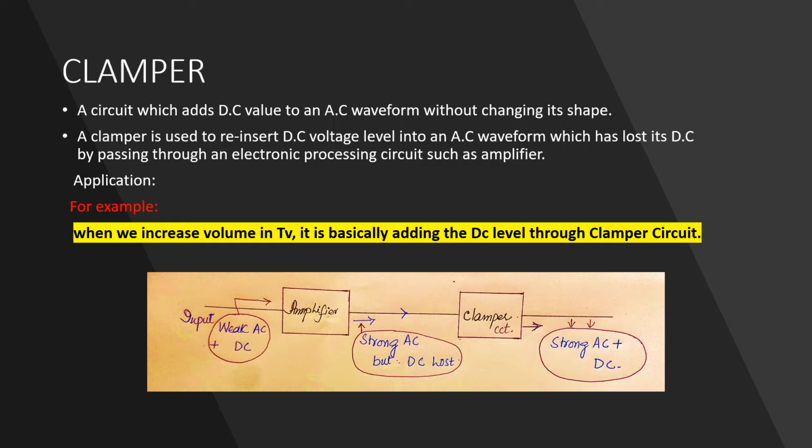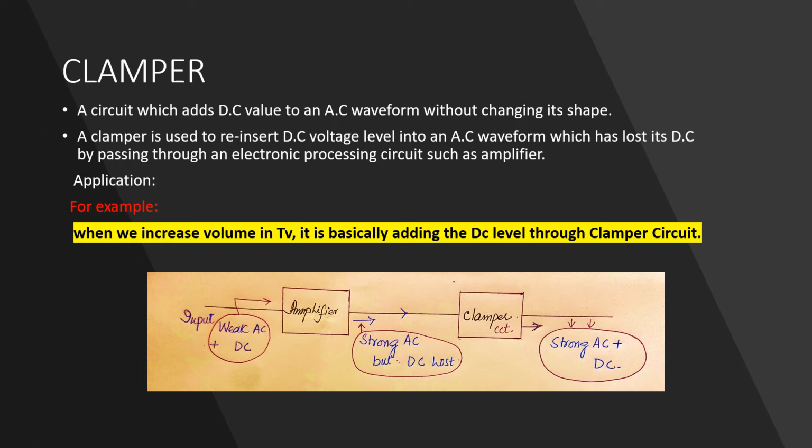Dear students, it is a voltage shifter. It shifts the voltage levels from one cycle to the other cycle. It means at the end you will see at the output side the total voltage remains the same. So these are the clamper circuits.